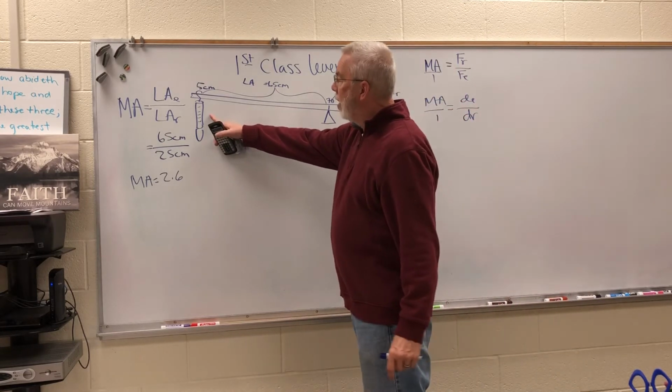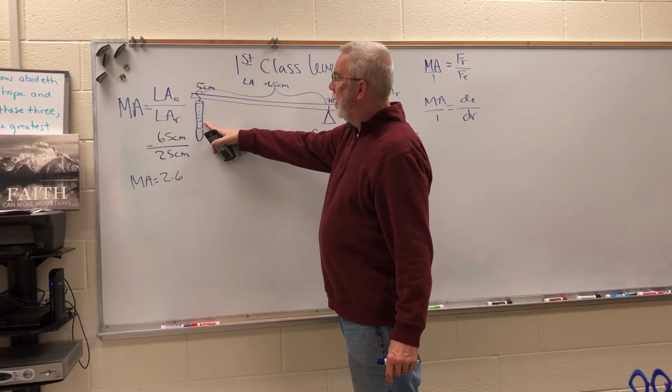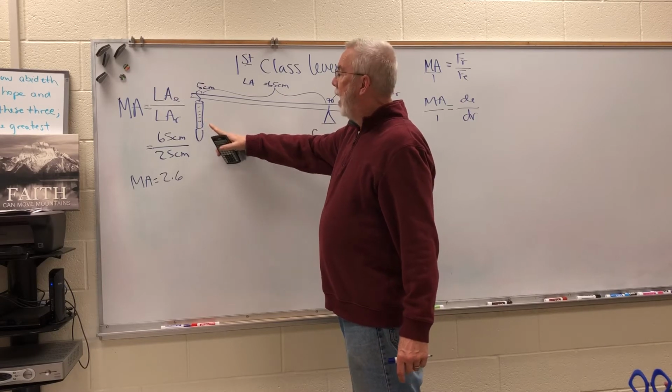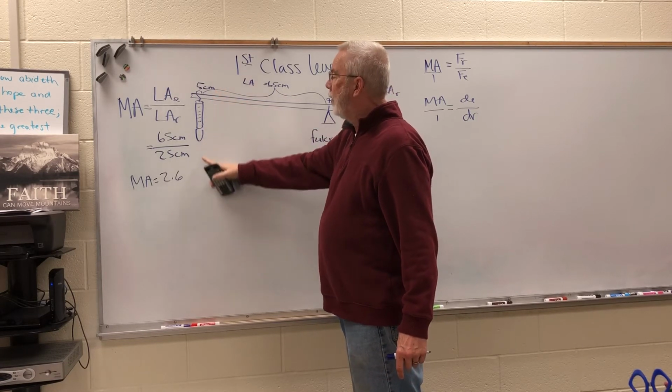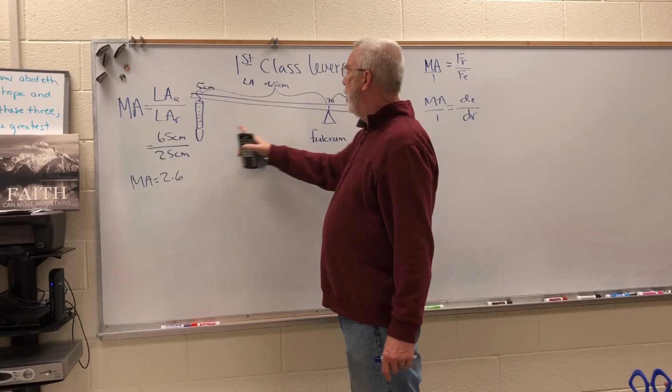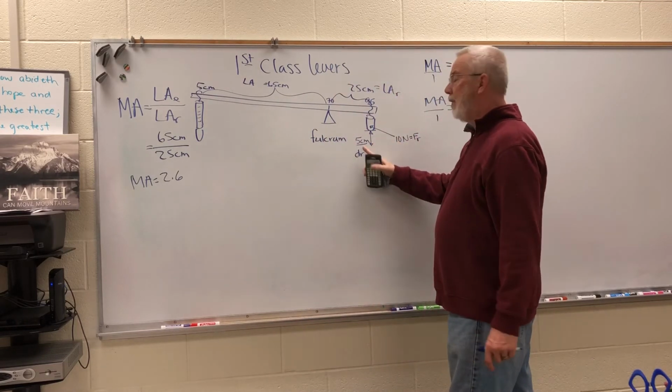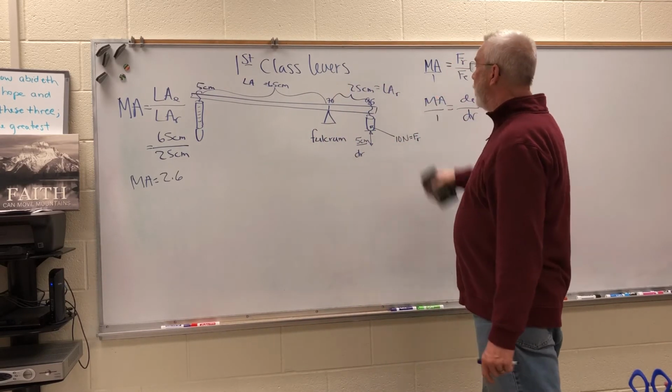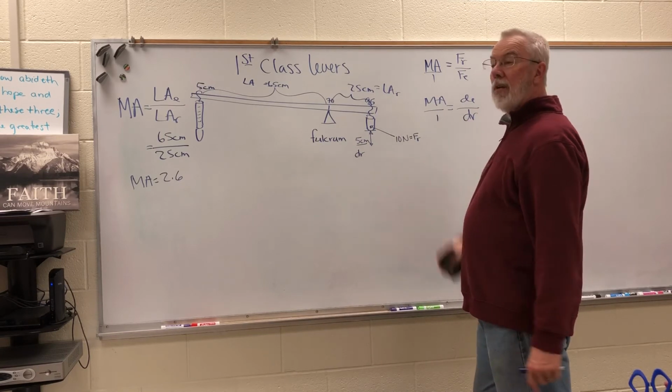Now, what we don't know is what the force is going to be measured on the spring scale, and second of all, how far we are going to have to pull down on the spring scale to make this object move 5 centimeters. But we can use these formulas right over here to solve the problem.